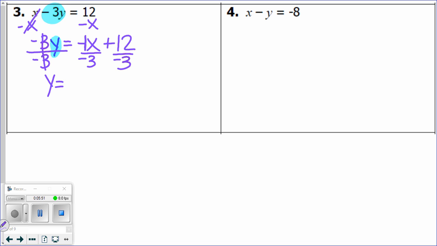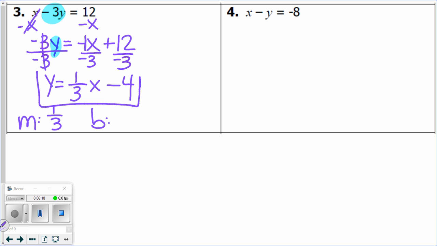Two negatives make a positive, so negative 1 divided by negative 3 becomes positive 1 over 3x. 12 divided by negative 3 is negative 4. So now let's identify what the slope is. It's positive 1/3. And what's your b value? Negative 4. Perfect.